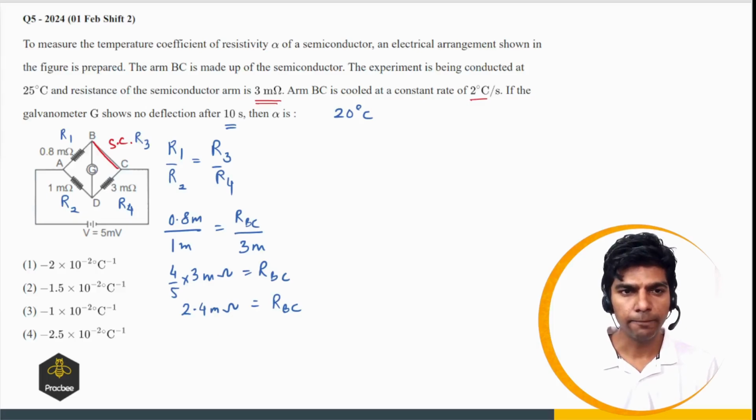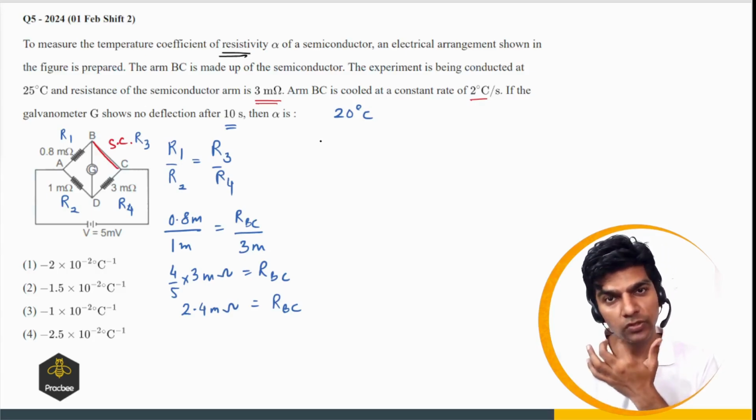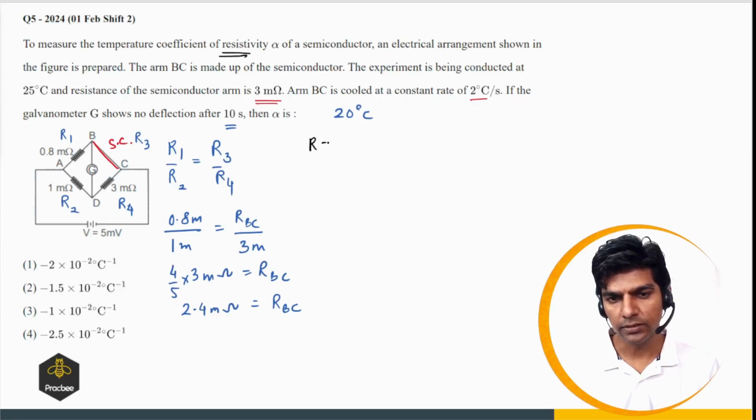Now if we apply the concept of temperature dependence of resistance, so we can say, and they're talking about the temperature coefficient of resistivity. And if I assume that we are not changing the dimension, then the resistance will be directly proportional to the resistivity, because R is equals to rho L by A. So if we are ignoring any change in the dimension, we can say R will be proportional to rho.